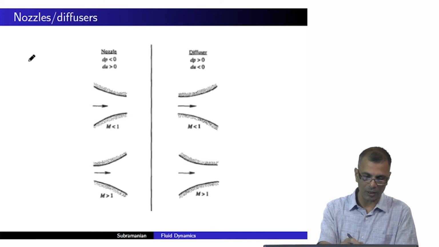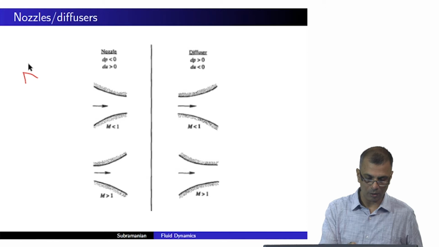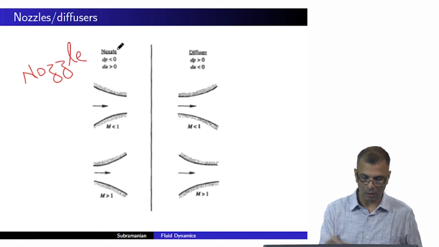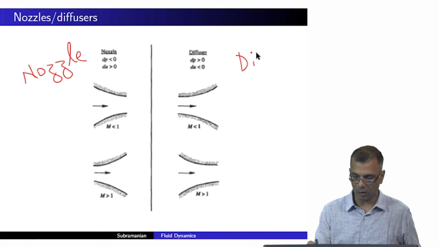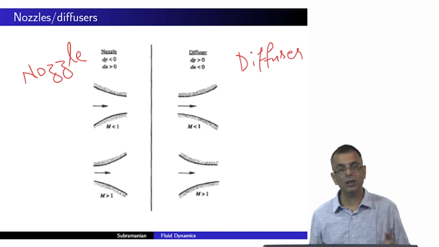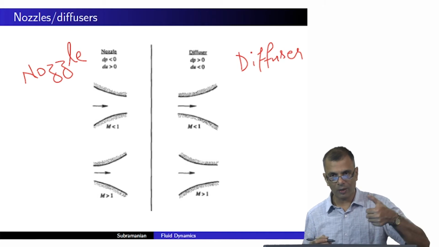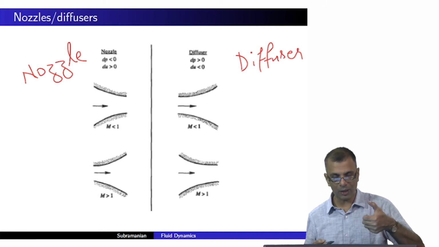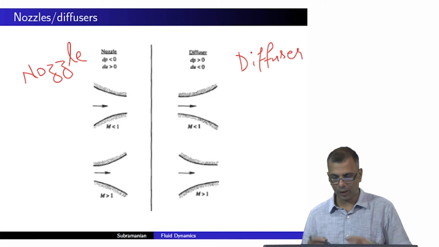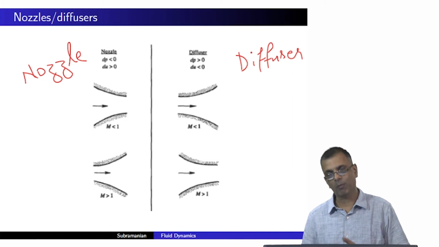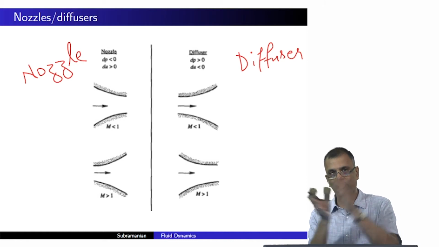On the left hand side, these are all, and these are what are called. A nozzle is something that, as the name implies, increases the speed of the flow, right? And a diffuser is something, as the name implies, that decreases the speed of the flow and spreads the flow around.